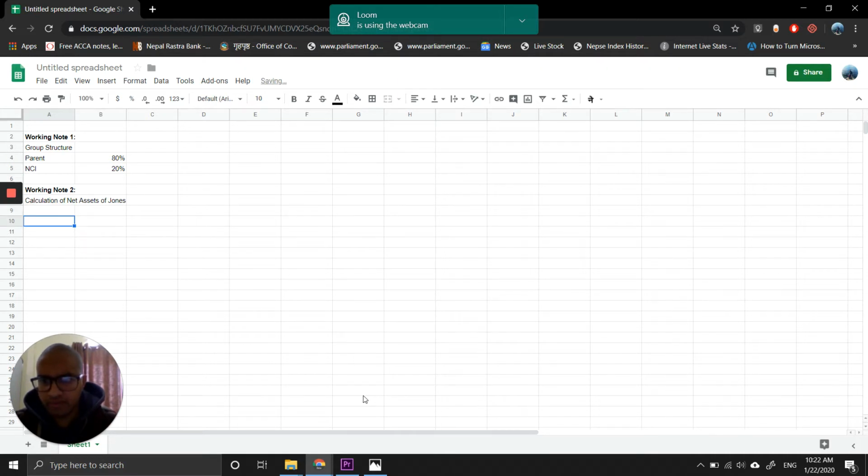So what we have been given is that we know the figures at acquisition and at reporting. So our equity capital, and then share premium, and then what we are given is retained earnings.